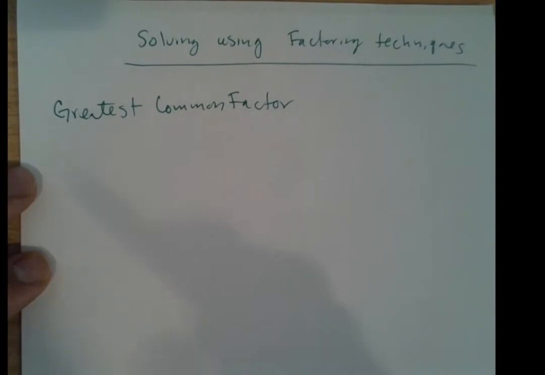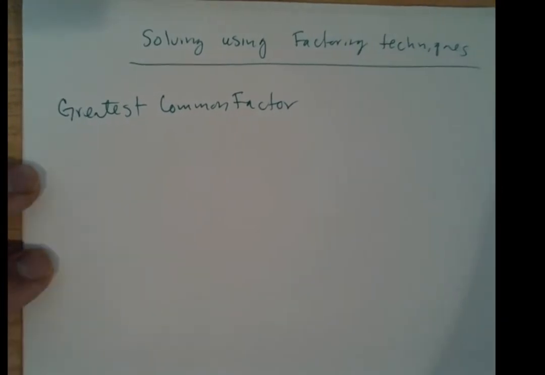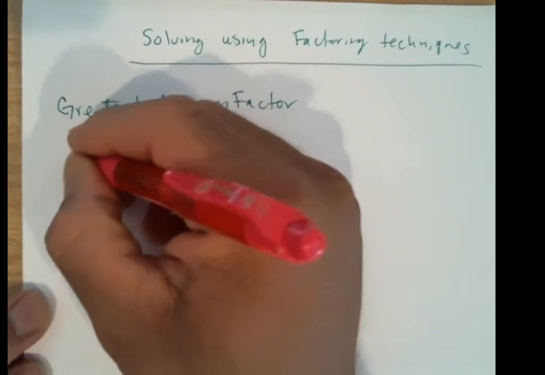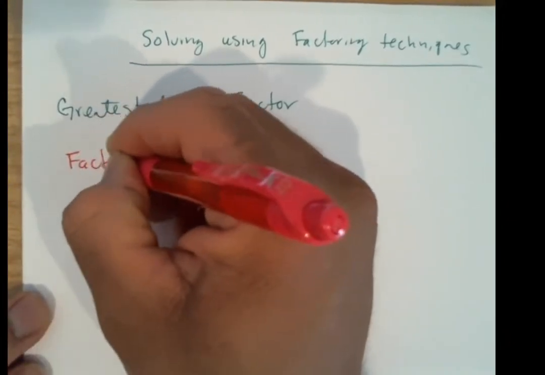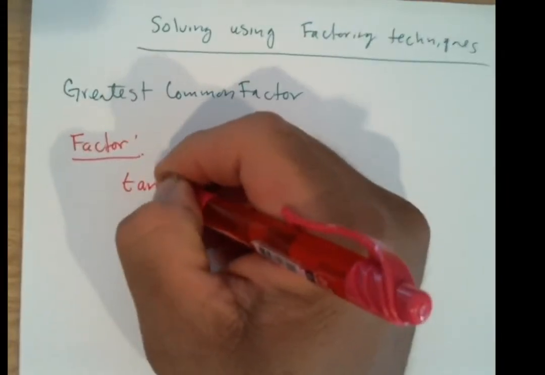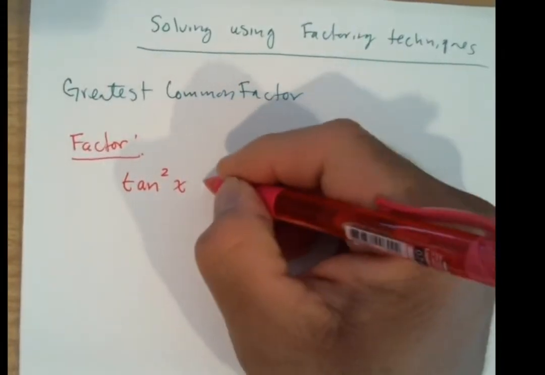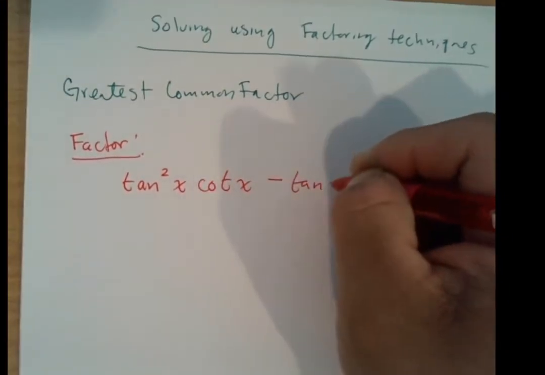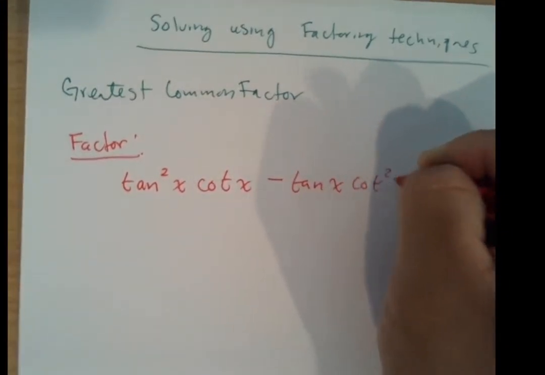So for example, let's say we wanted to factor completely the expression tangent squared x cotangent x minus tangent x cotangent squared x.